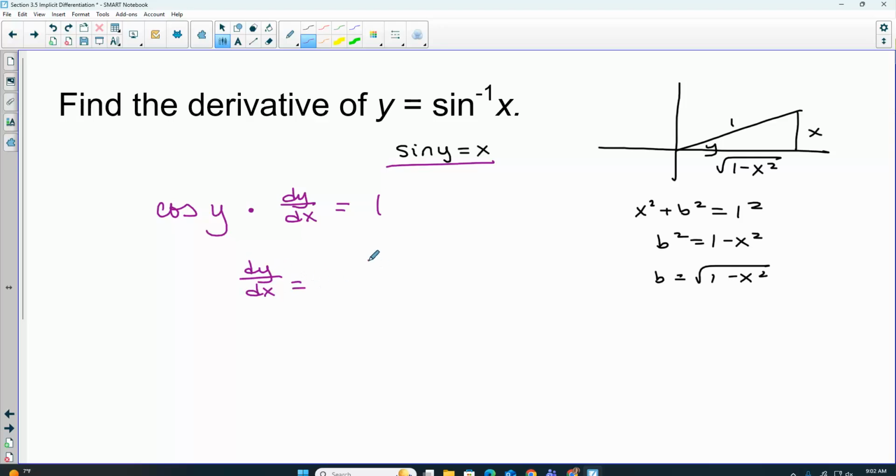So dy dx is 1 over the cosine of y. But if I want it in terms of x, we can use this triangle we have set up. What is the cosine of y? So y is the angle, cosine is adjacent over hypotenuse, so radical 1 minus x squared over 1. It's just radical 1 minus x squared.